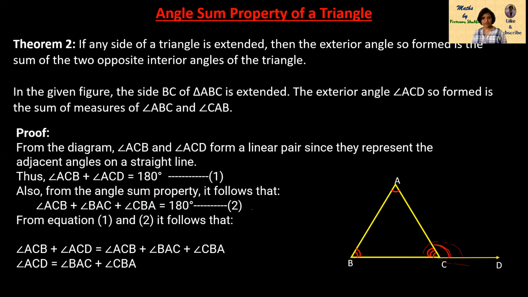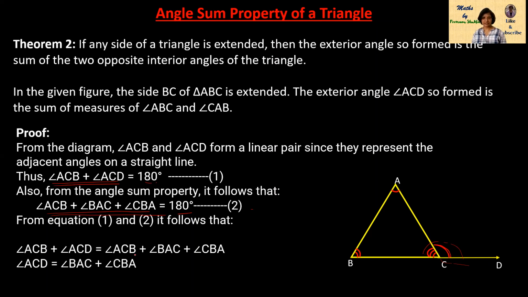Now we can write the value from here to here. ACB plus ACD equals 180, and this is also 180, so both will be equal. I have written here angle ACB plus angle ACD equals angle ACB plus angle BAC plus angle CBA.